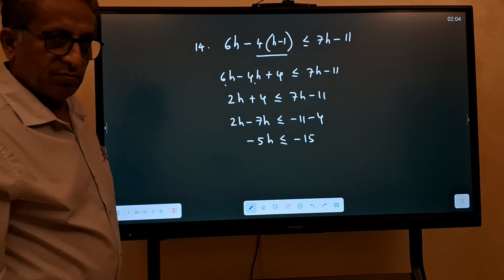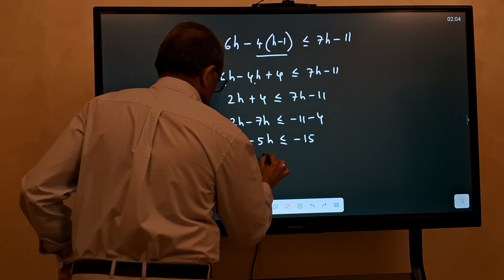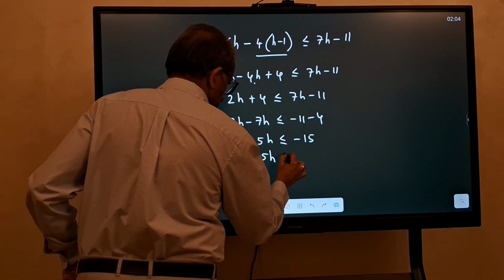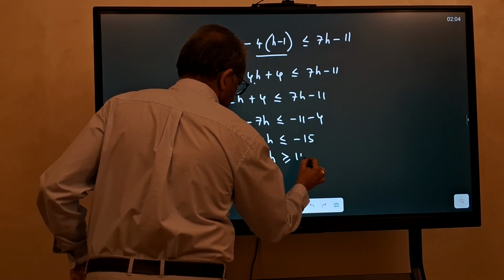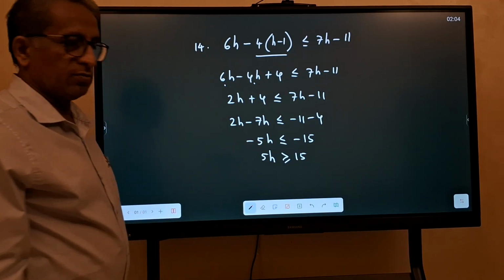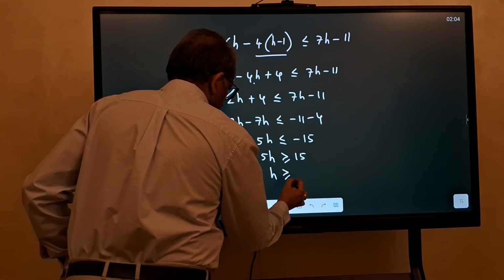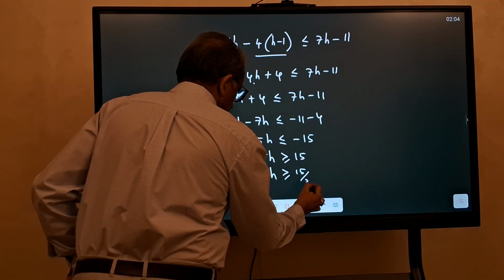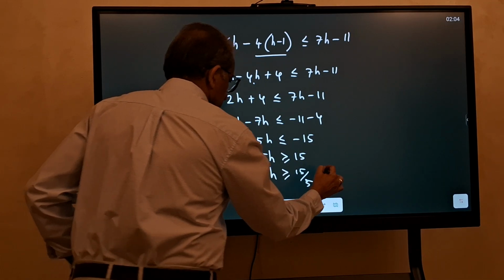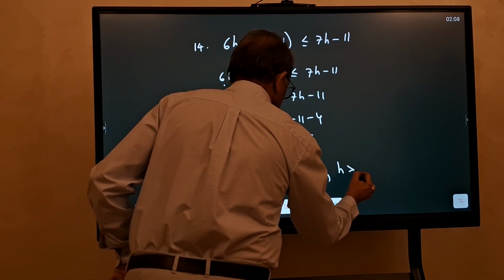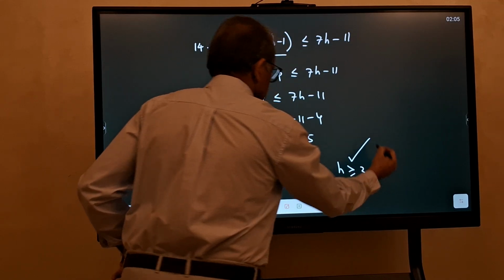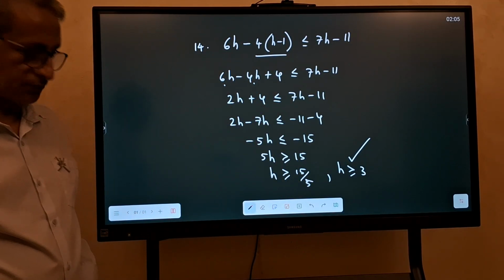Now we can cancel minus, no problem, but less than or equal to becomes greater than or equal to. So h is 15 by 5. That means h is greater than or equal to 3. Answer.